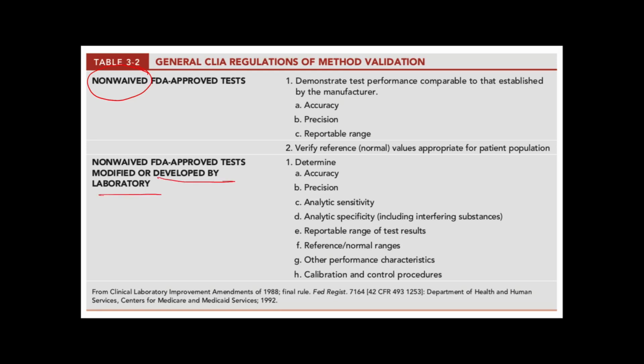For non-waived FDA-approved tests, you have to demonstrate test performance comparable to that established by the manufacturer by measuring accuracy, precision, and the range. And also, you have to get the reference values appropriate for the patient population. Whereas for non-waived tests developed or modified by the laboratory, you have to determine the following in order to pass the general criteria of CLIA for method validation.